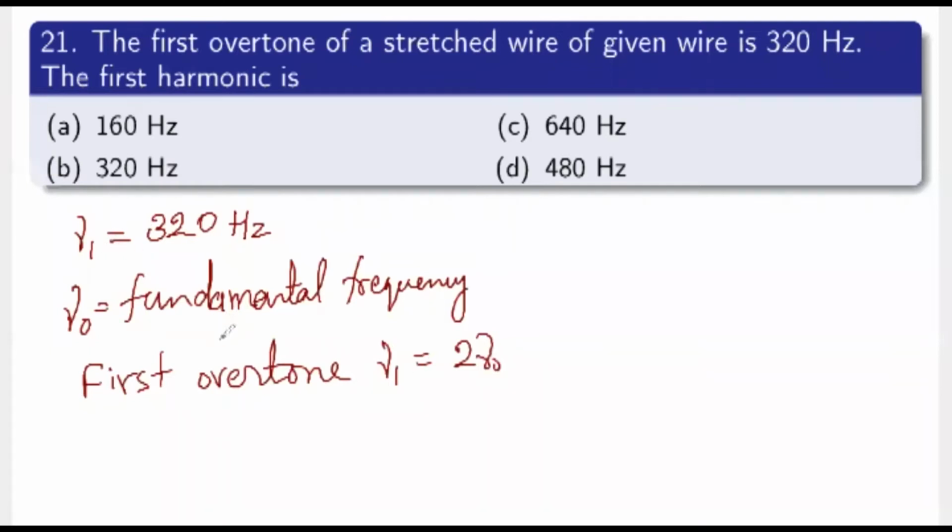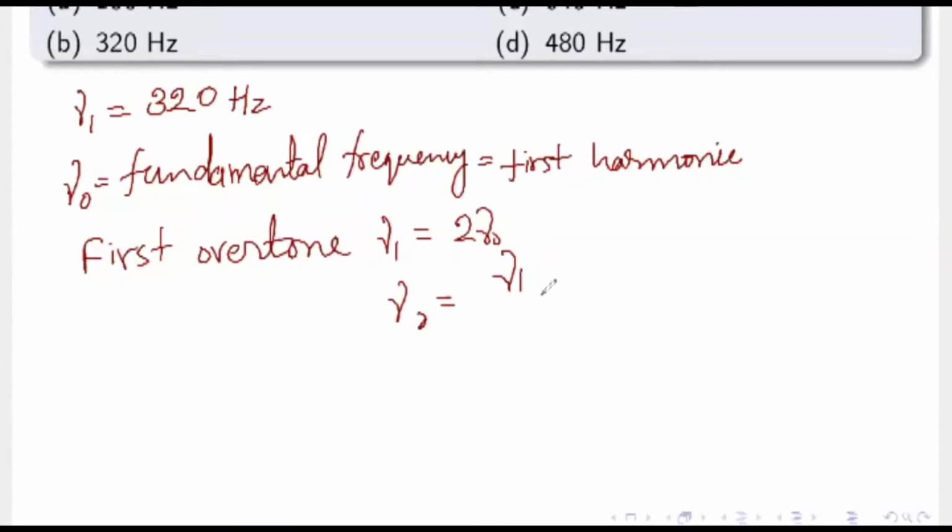Nu1 is given, they're asking for nu naught. Nu naught is the first harmonic or fundamental frequency. So nu naught equals nu1 by 2, that is 320 by 2 is 160 Hertz. Option A is right.